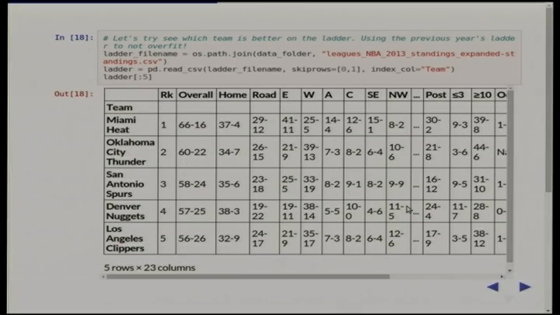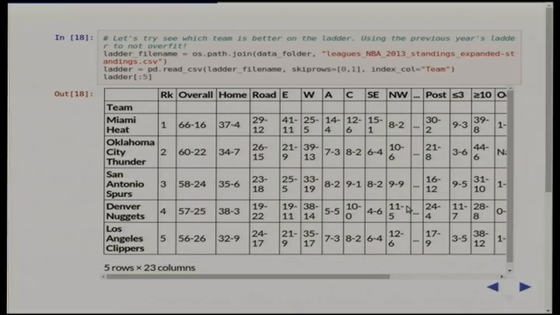Without that, pandas will create a new index down here, starting at 0. And then in order to do a lookup for a team to see what their ranking was, we would have to basically iterate through everything to find that team and then see what their ranking was. We set the index column to be the team, and that allows us to look up the pandas data frame directly by the team name and get their rank. So that makes the following code a little bit easier.